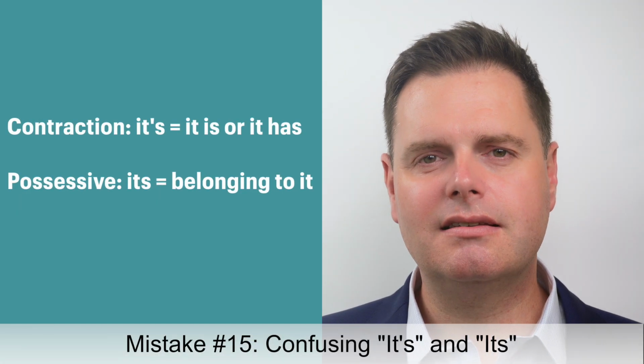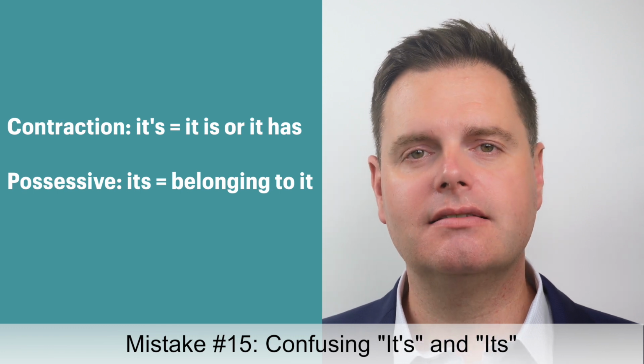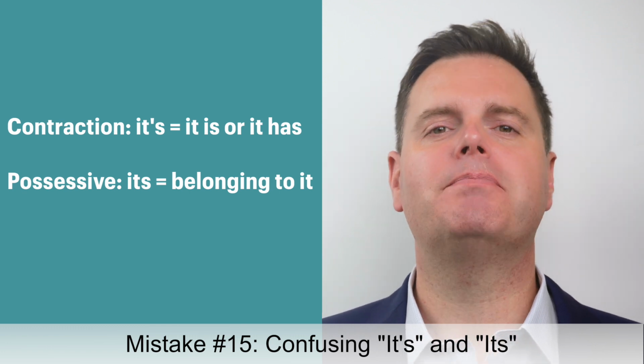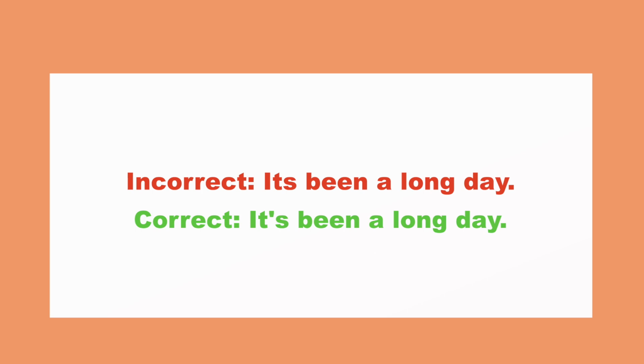Remember, it's is always a contraction for it is or it has, while its is the possessive form of it, indicating ownership. When you mistakenly jot down, its been a long day, you're skipping the apostrophe that combines it has into it's.